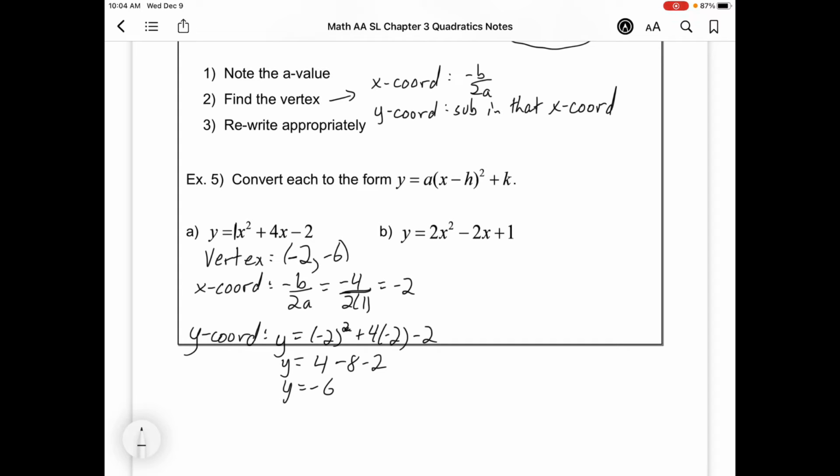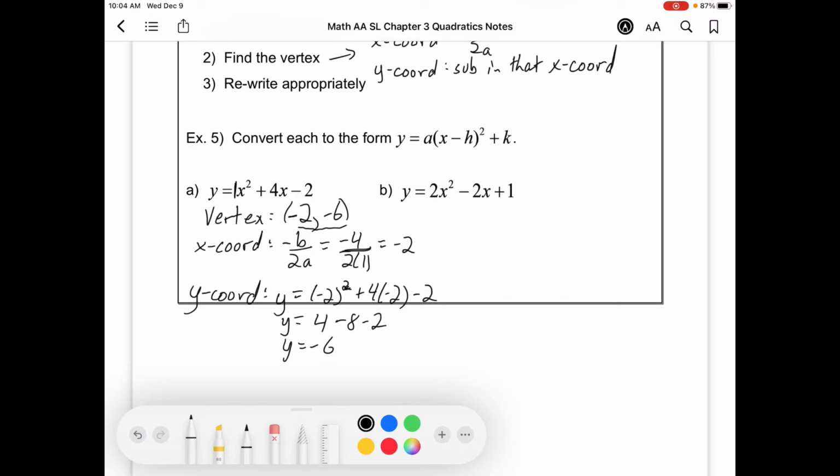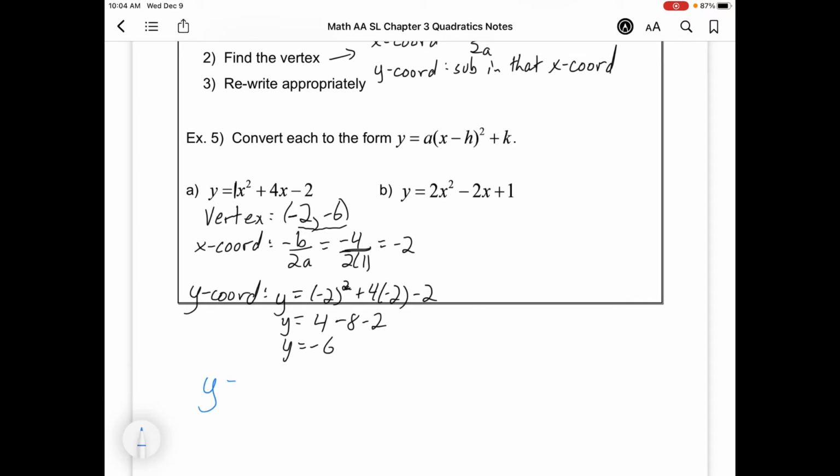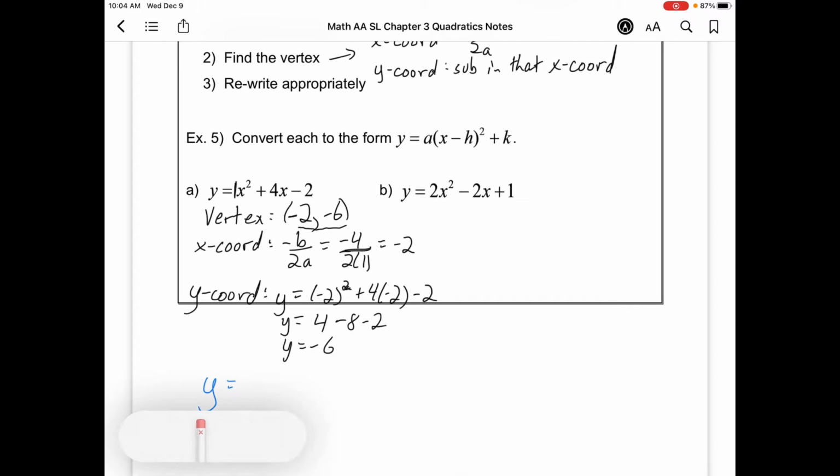So now I know the coordinates of the vertex. I know when I write it in vertex form, it's going to go y equals a. Well, hold on now. A here is just 1. So if I want, I can write a 1, but it seems a little much. Okay. Now I have to do x something squared plus or minus something on the end.